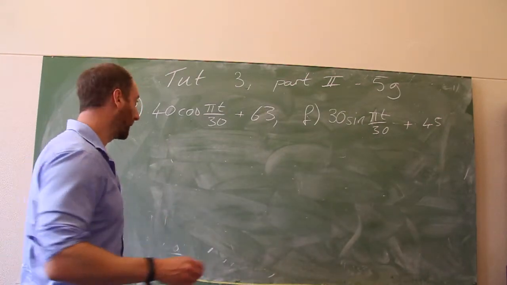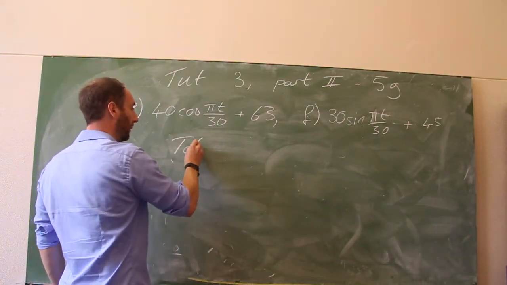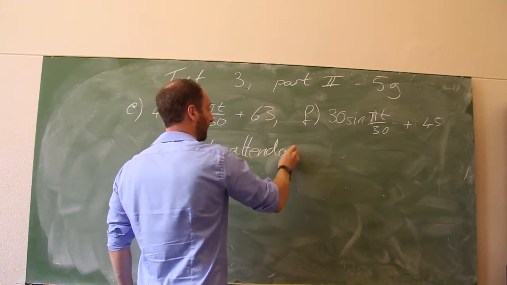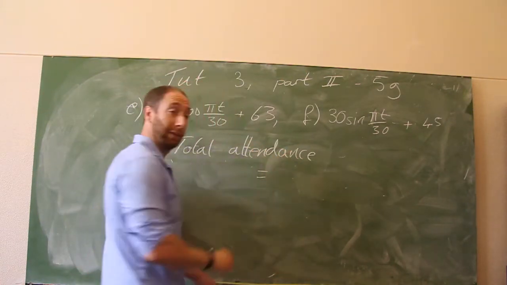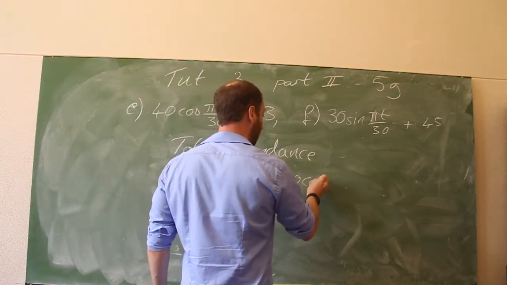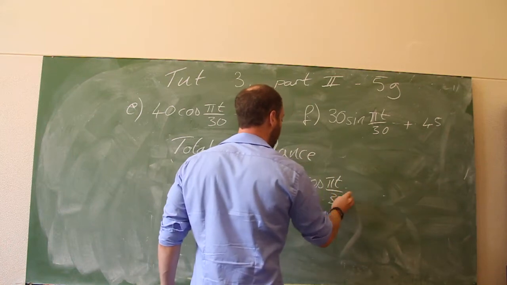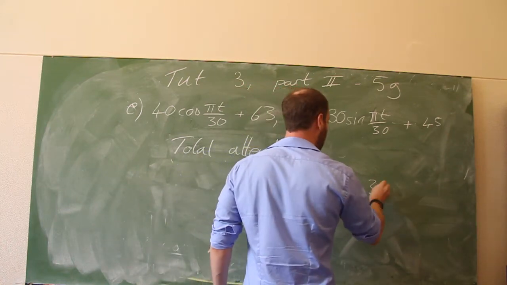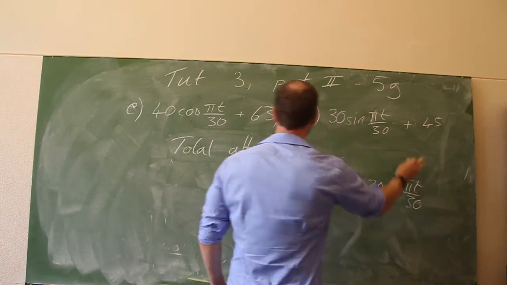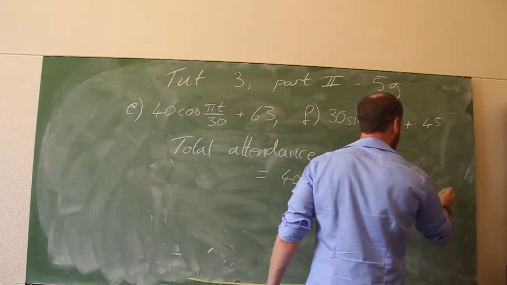The total tutorial attendance is simply the addition of these two, which is 40 cos(πt/30) + 30 sin(πt/30) + 45 + 63, and 45 plus 63 is 108.